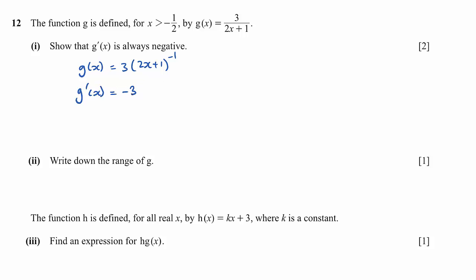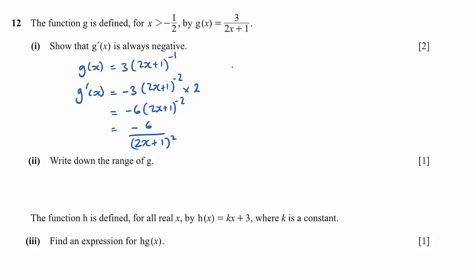And then that would be negative 3 (2x plus 1) to the negative 2, multiplied by the derivative of what's inside. And that would give us negative 6 (2x plus 1) to the negative 2, which is negative 6 over 2x plus 1 squared.